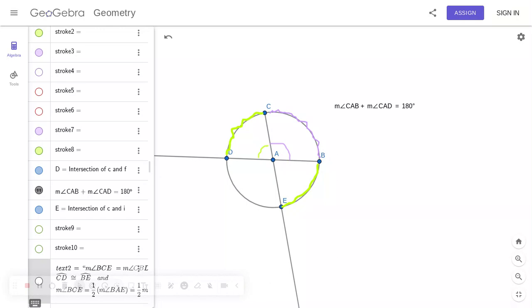Arc CD is congruent to arc BE for a big reason, because it shares the same central angle, angle A, and we know that it shares the same vertex at point A, and we know that vertical angles are congruent. So that central angle at point A forms vertical angles, and the vertical angles are congruent. And we know that the two arcs, CD and BE, are congruent arcs.